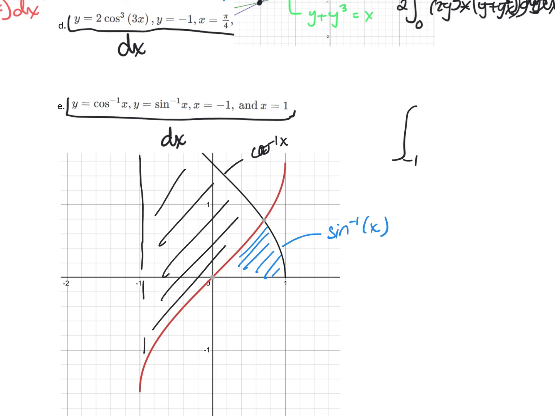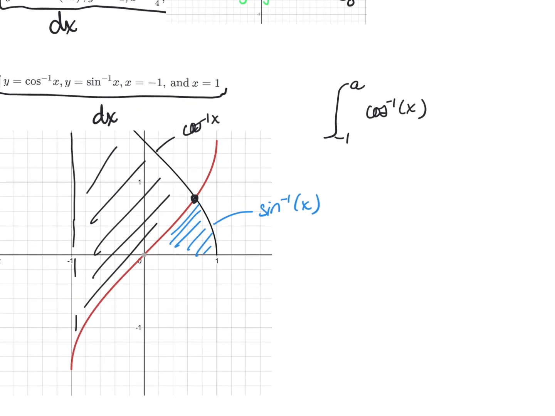I'm going to leave this as an a value, because we need to figure out where they cross. So we'd have the upper function is the cosine inverse of x, and then the lower function is going to be minus the sine inverse of x dx. And then I am going to have from a to 1.